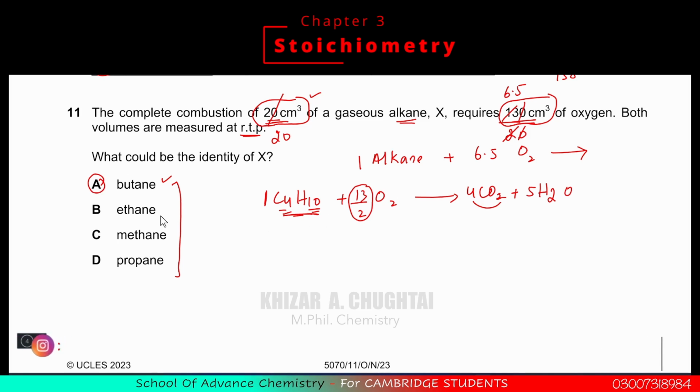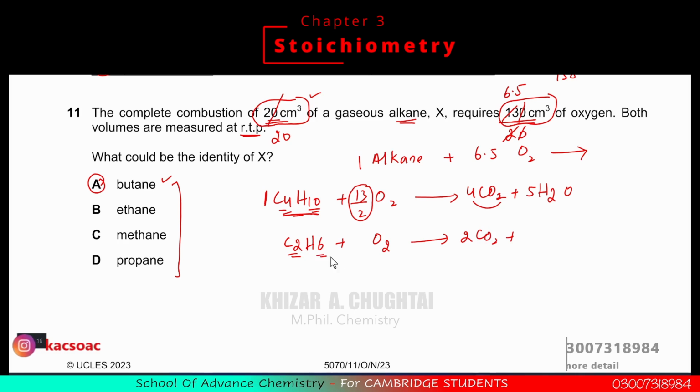However, let me check the other options. Ethane, that is C2H6 plus again O2 goes to 2 carbons, so 2 mole of CO2 and 6 hydrogen, and there is 3 mole of H2O. 2 2s are 4 plus 3 7, so 7 by 2, no, that is not equal to 6.5, it's wrong.